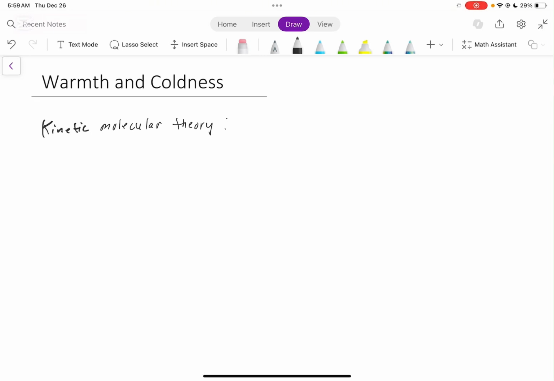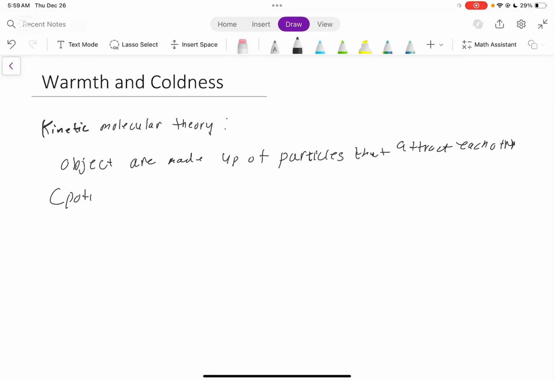So basically, objects are made up of particles that attract each other, which is basically just potential energy, and they move around, which we know to be kinetic energy.